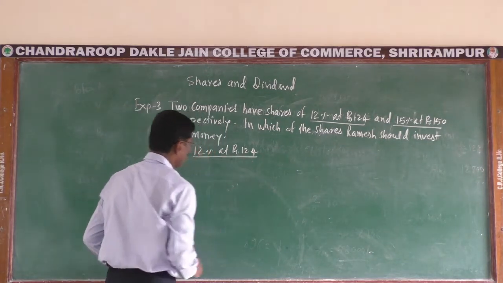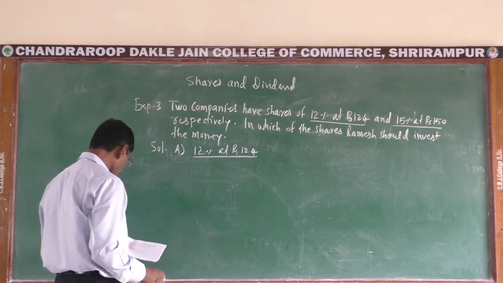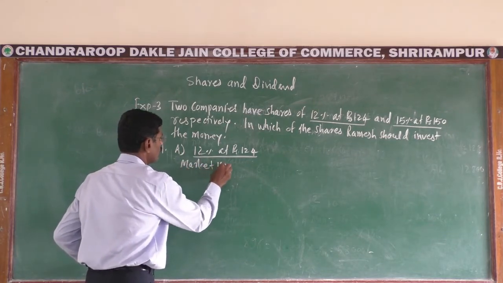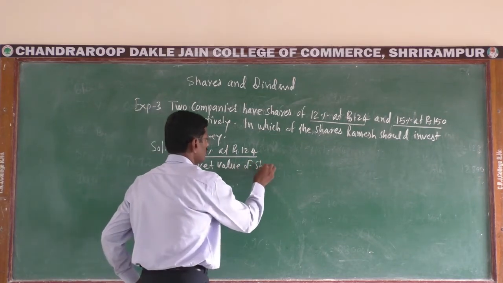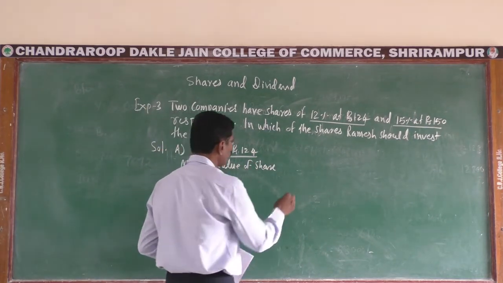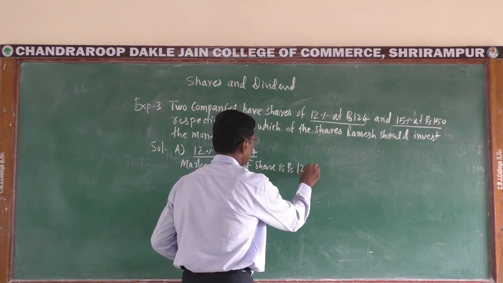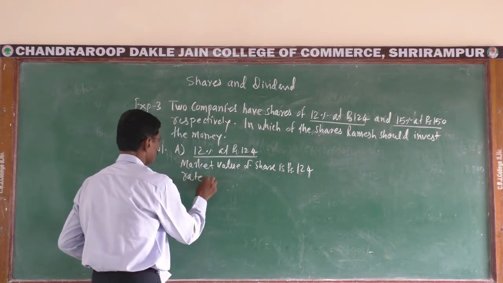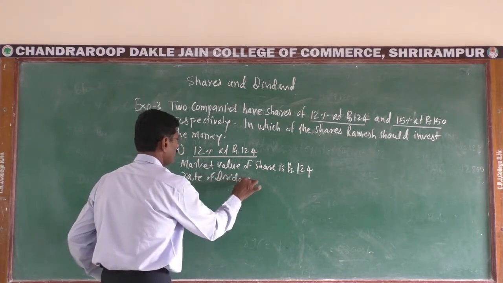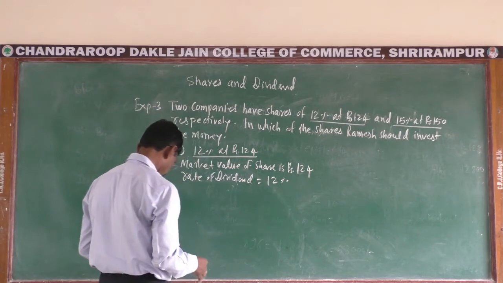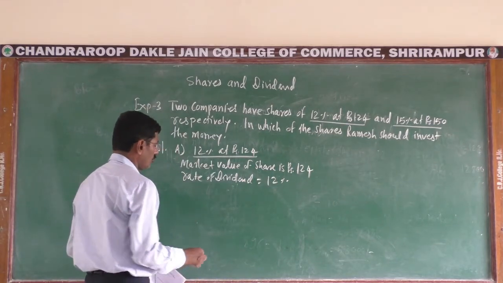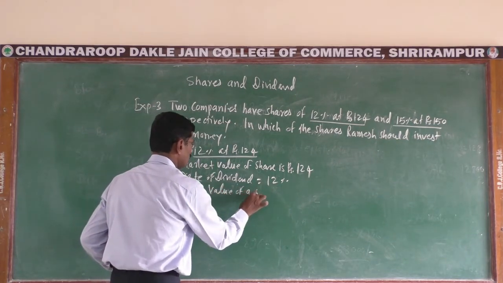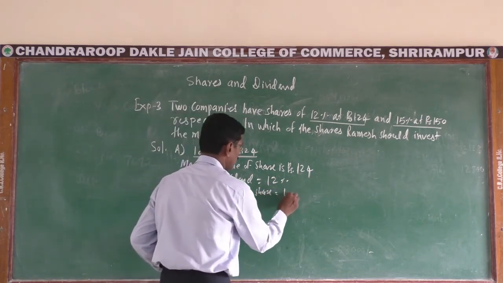Therefore, in the first option, first the market value of the share is rupees 124 and rate of dividend is equal to 12%. Face value of share is equal to 100.